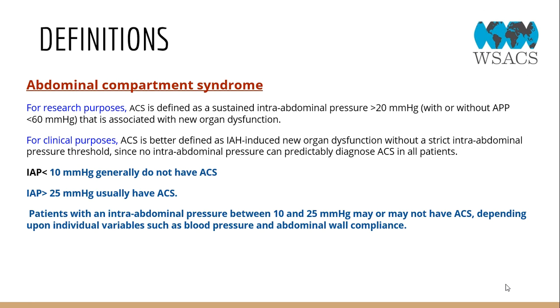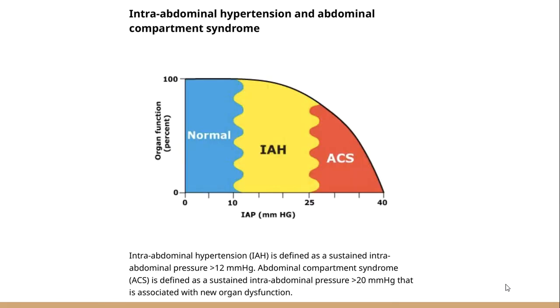A patient with IAP less than 10 generally does not have ACS, and if it is more than 25 millimeter of mercury, usually has abdominal compartment syndrome. Patients with an intra-abdominal pressure between 10 to 25 millimeter of mercury may or may not have ACS, depending upon individual variables such as blood pressure and abdominal wall compliance.